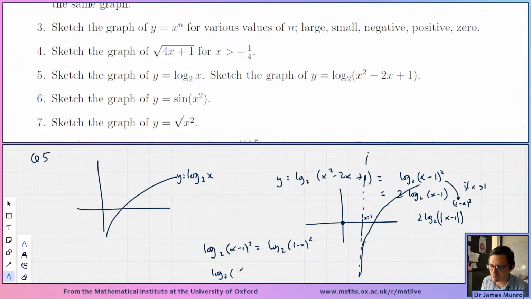But then these things, which I want to write down in the next line, are not really equal, in a way, because the one on the left is only defined when x is larger than 1, and the one on the right is only defined when x is less than 1. So this is a bit strange. We have this situation where on the right of x equals 1, we get some translated logarithm, and on the left, we get a translated and reflected thing with this 1 minus x in it, like this.